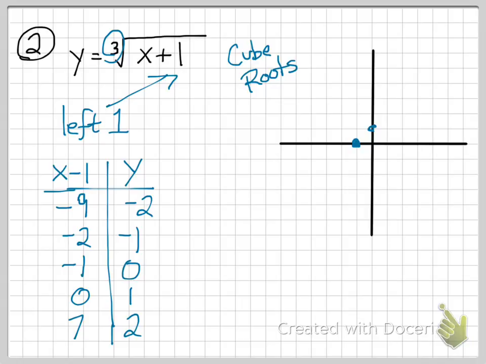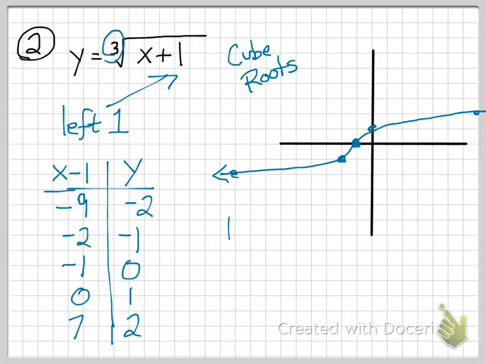And we go up 1 to the right, down 1 to the left. 7 is almost off my graph. And then over here, the -9 is way off. But that's okay. This is our cube root function.